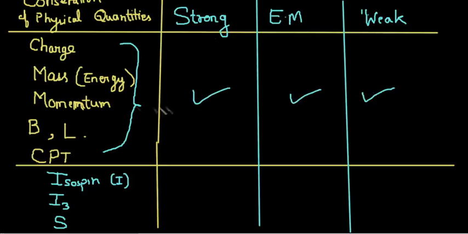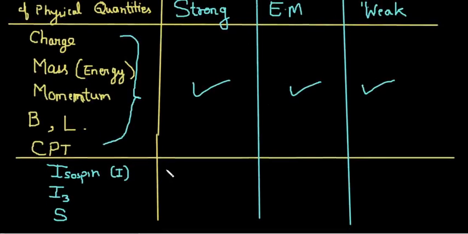These are exact, so they are conserved in strong as well as weak and electromagnetic interaction. But isospin, the third component of isospin and strangeness are approximate conservations, so they may or may not be conserved in the reaction. But in strong interaction, all three are conserved. Isospin is a vector addition.